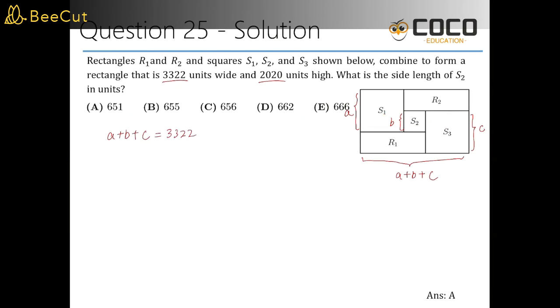For the shorter side, look here. This one equals C. This equals B. So this will be C minus B. So the total is A plus C minus B equals 2020.